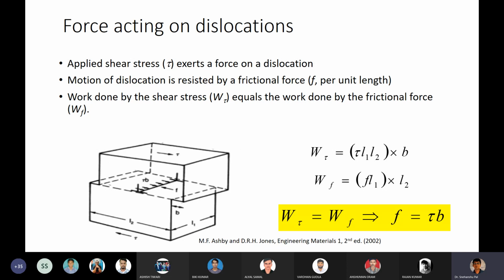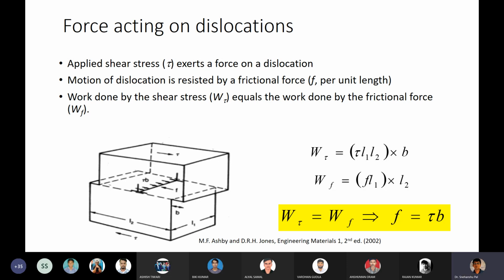It may represent an extra half plane, an extra line of atoms, or a missing line of atoms. So when such a defect is present in a crystalline material and you apply stress, and what is shear stress? It helps the relative movement between two blocks of a particular crystal.